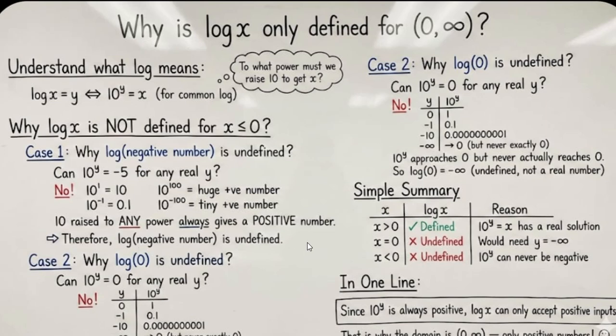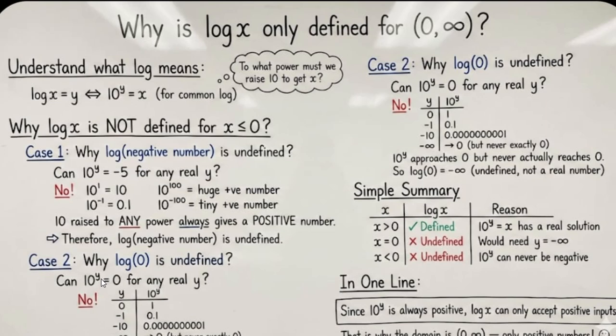Very simple logic. Then the next question is why log 0 is undefined. If I take x as 0, with log x equal to y, then 10 raised to y is equal to 0. For any value of y, you cannot get exactly 0.